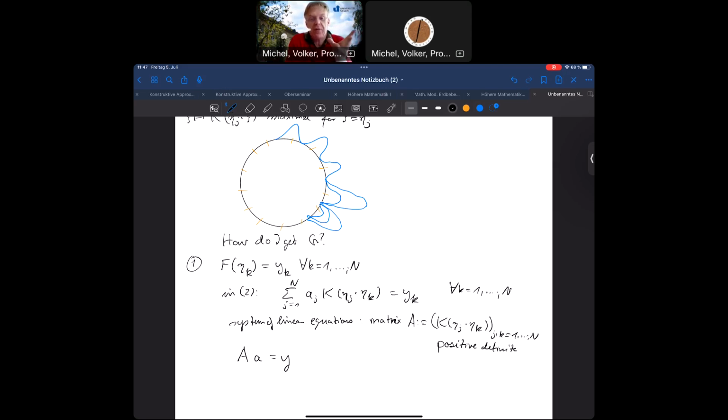You certainly should not have equal points, so they have to be pairwise distinct, obviously. But if you have that, you always get a positive definite matrix. Nevertheless, if you have a large data system, your matrix can be ill-conditioned. So you might have to do some regularization to stabilize the solution of the linear equation system.